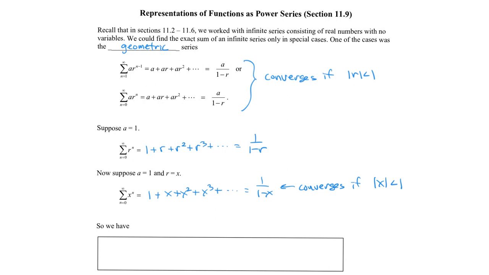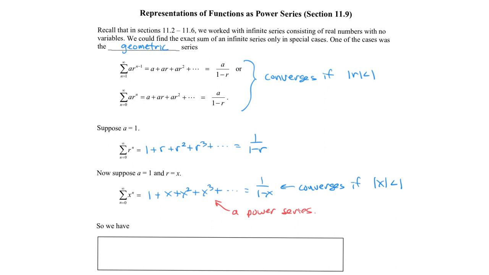The thing to notice now is that this is a power series, because each term is a power of x: x to the first, second, third. We're going to end up having a power series that's like a polynomial.